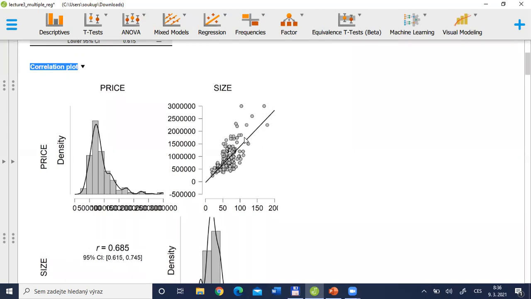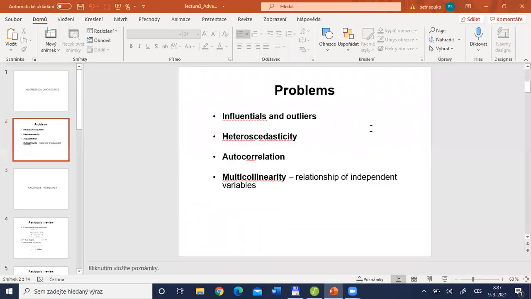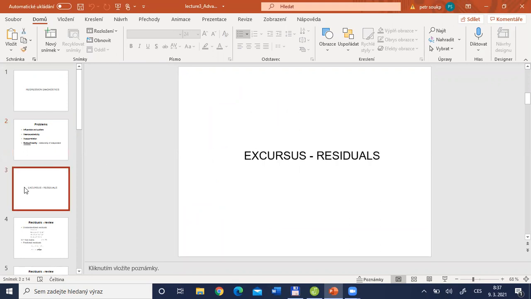As these expectations should be followed if your results are correct, we must discuss individual diagnostic instruments that can help you to find it. So now a short excursus about residuals, about different types of residuals that can be computed for analytical description, of whether my model is good or not.